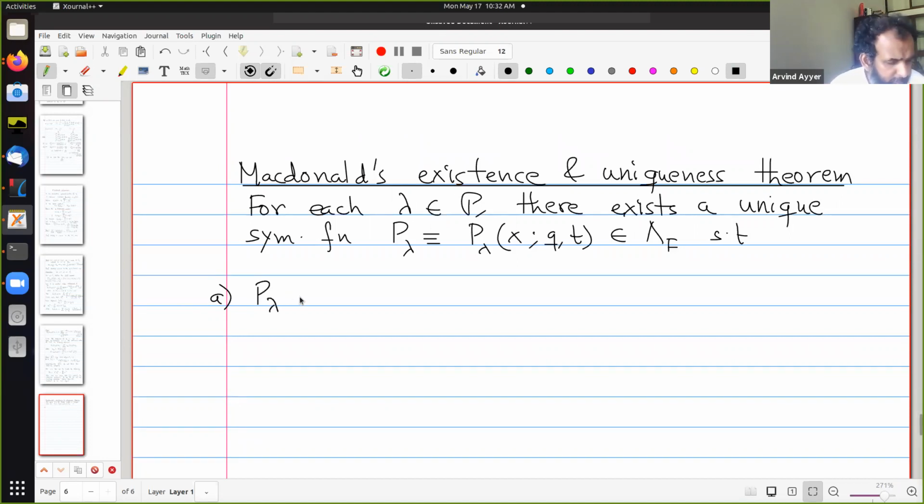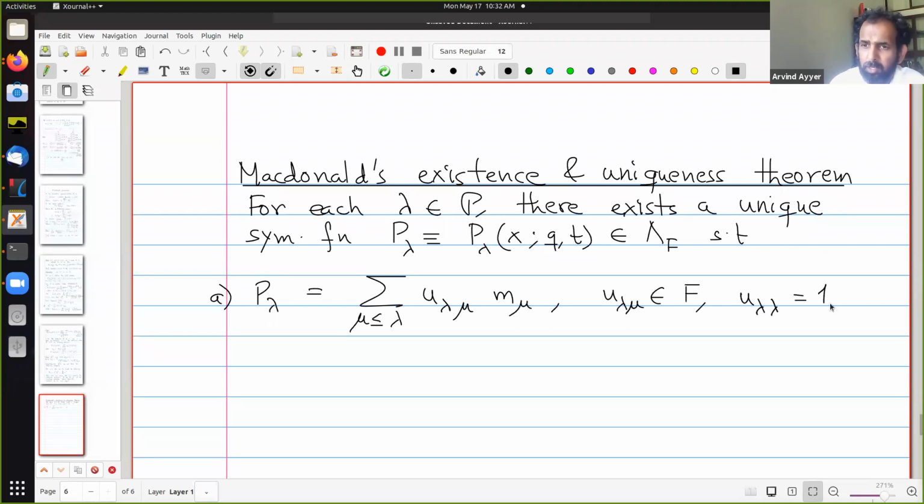P_lambda is the sum over mu less than or equal to lambda of u_{lambda mu} m_mu, where the u_{lambda mu} belong to F, and u_{lambda lambda} is 1. And the inner product of P_lambda and P_mu, the q,t inner product, is 0 if lambda is not equal to mu.